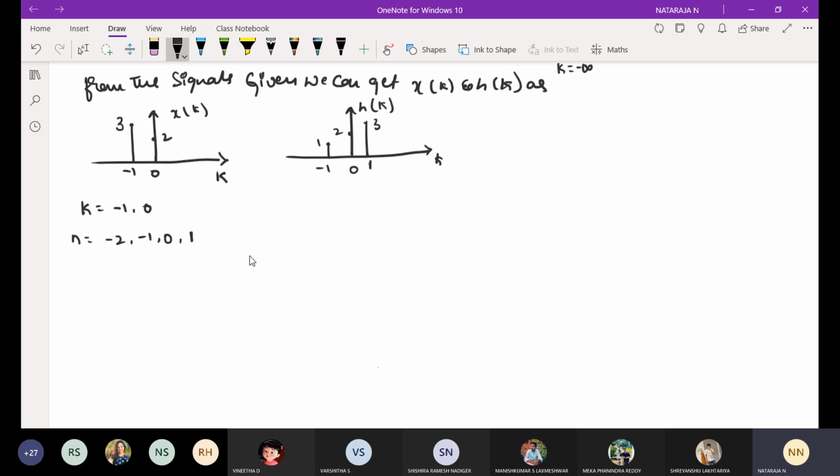Why -2? On the left side of the origin we have totally 2 samples, that is why -2 and -1, and on the right side of the origin we have only 1 sample. Like that I have written the n value, and the k value is the same as your x of k or x of n.